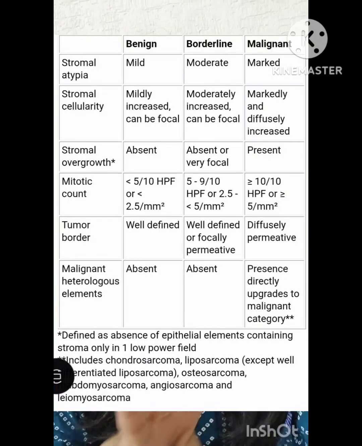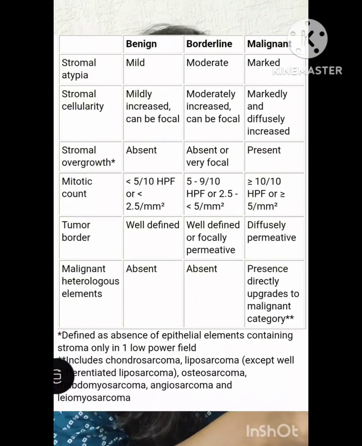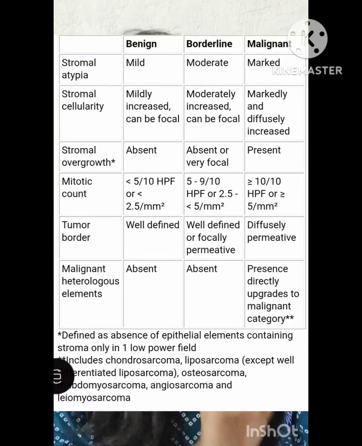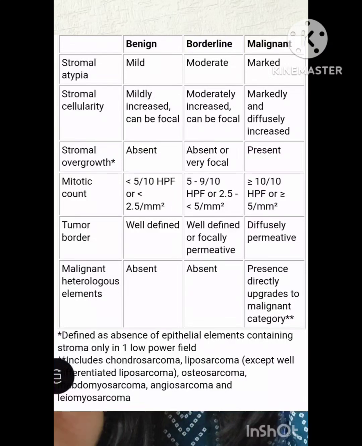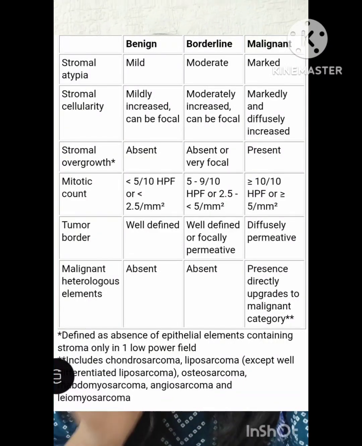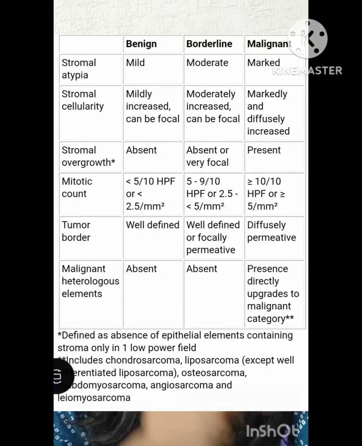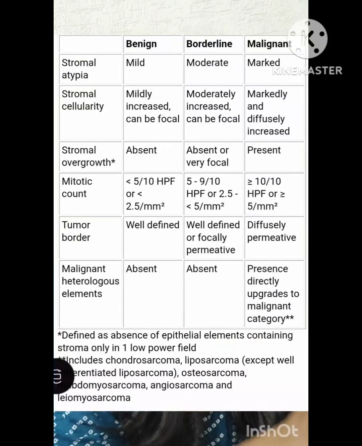Third is stromal overgrowth, which will be present in malignant while absent in benign, and absent or focal in borderline. Fourth is mitosis. Mitosis will be less than 5 per 10 HPF in benign, 5 to 9 per 10 HPF in borderline, and more than 10 per 10 HPF in malignant.